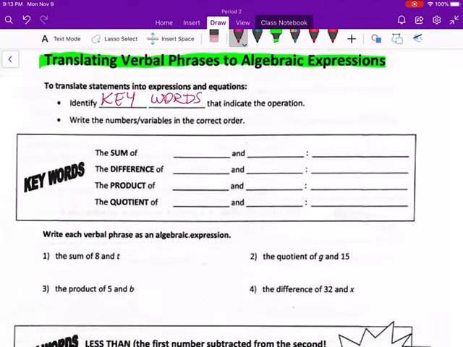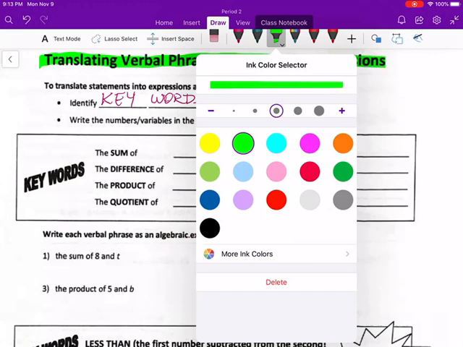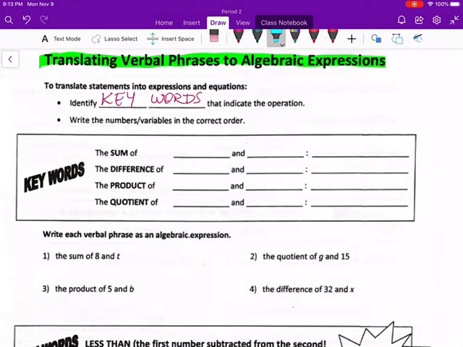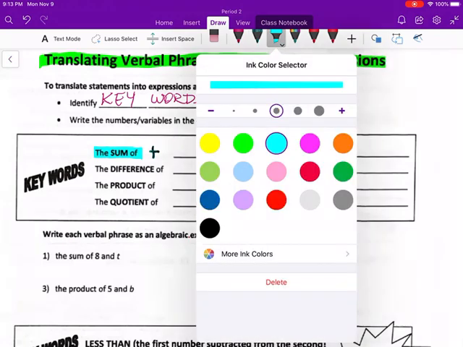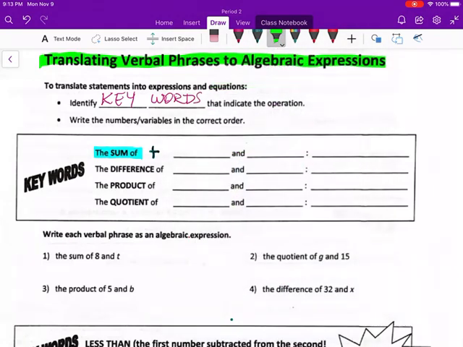So let's look, for example, at keywords right here. These are the 4 keywords that show the 4 different operations. As you can see, let's highlight some of them. Okay, we have the sum. The sum means, we all know that, addition. We have the difference, and the difference means subtraction. So whenever you find a difference, they're talking about subtraction.